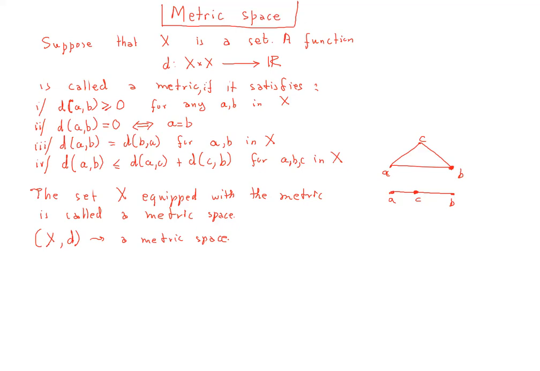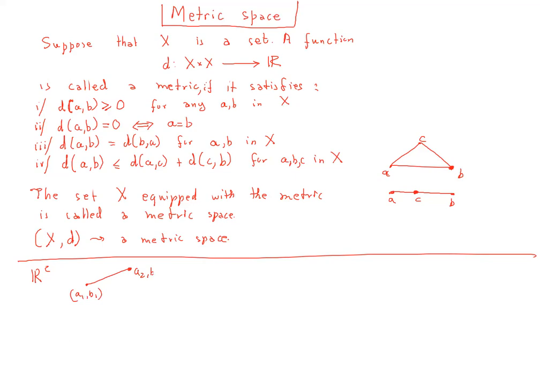Now, one can give many different examples of metrics. So, for example, if we are in R2, then the metric from a point (A1, B1) to (A2, B2) can be defined in a variety of ways.